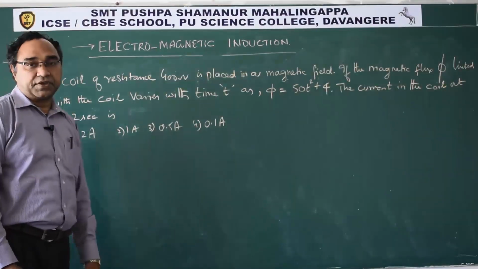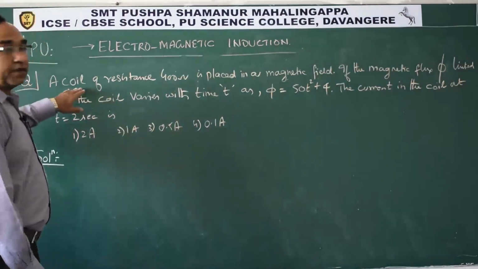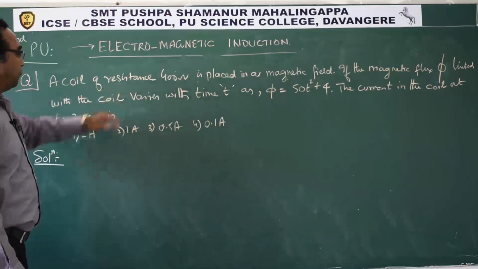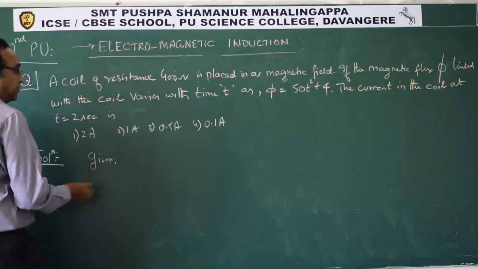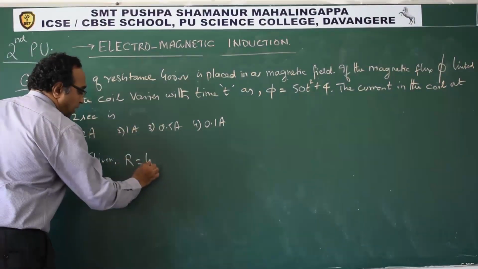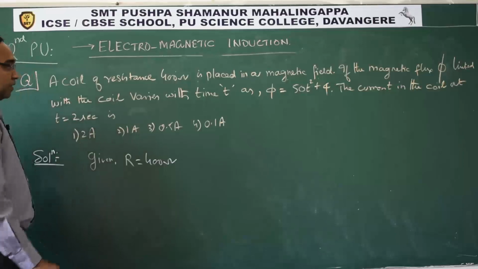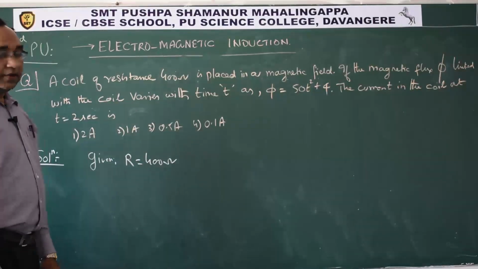Well students, let us take one numerical. The numerical reads like this: a coil of resistance 400. Let us record the data as we are practicing it. R is given as 400 ohm, is placed in a magnetic field.